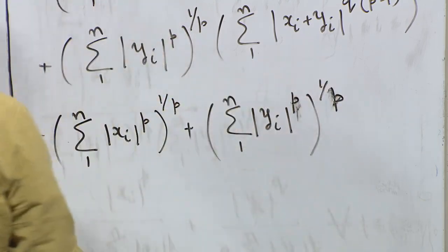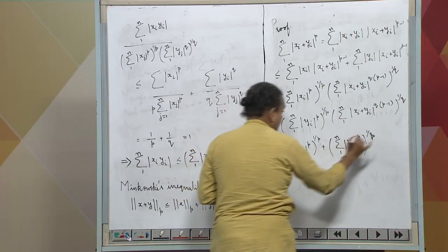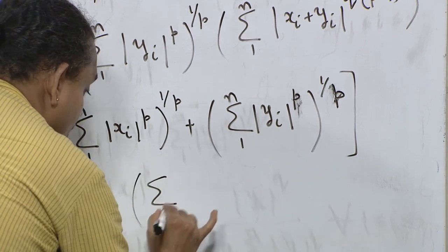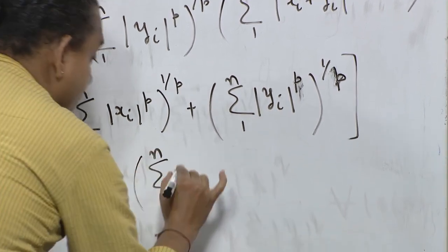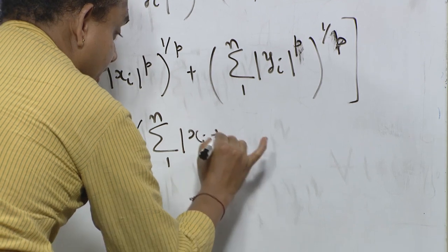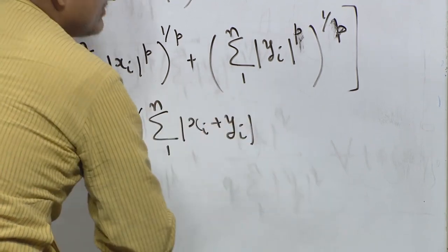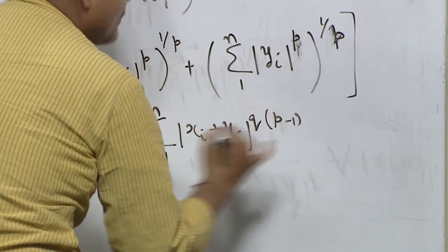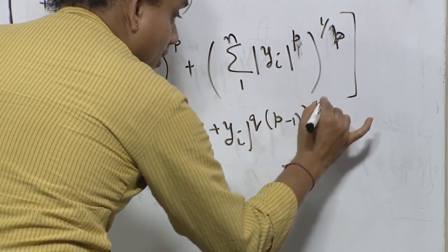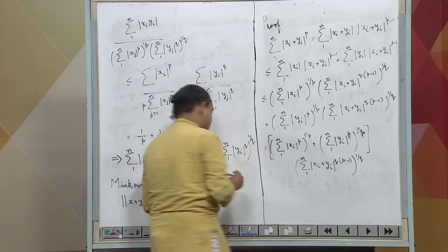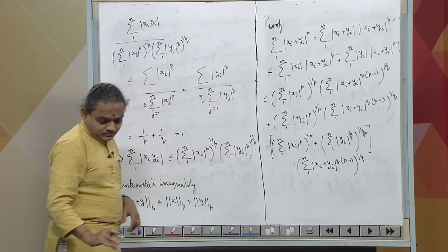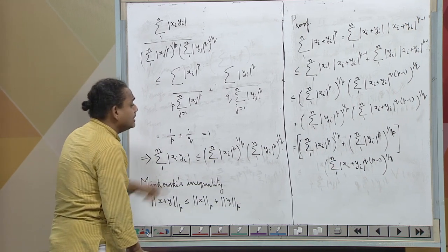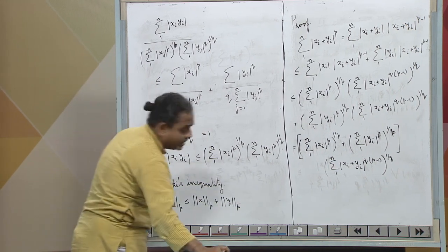Yes, this is the first term, and the common term is summation 1 to n mod xi plus yi, q into p minus 1, whole raised to the power 1 by q, right. So, you have this. So, let us first manipulate what this q into p minus 1 is.